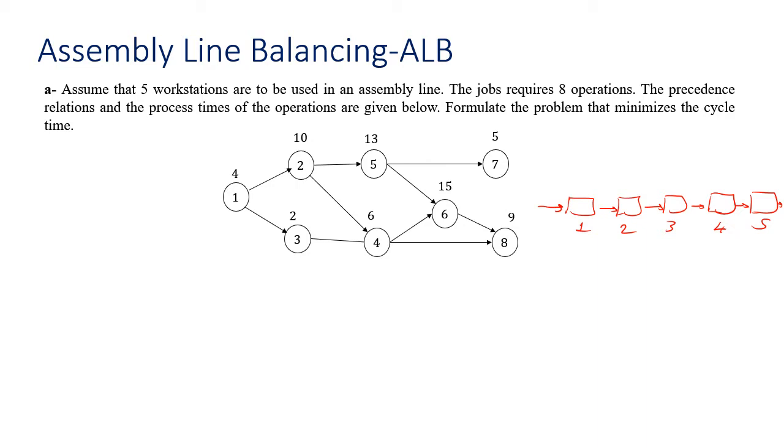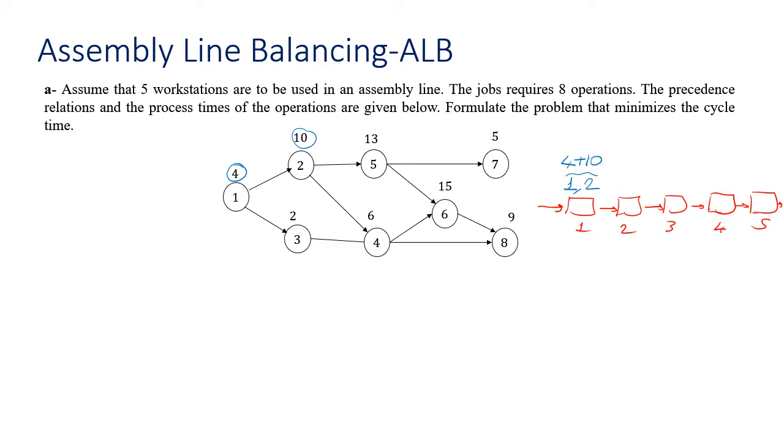Let's assume that assembly operation 1 is performed here, and let's say 2 is also performed here. This 4 is the time of assembly operation 1, and 10 is the time of assembly operation 2. If we allocate both of these operations to the same workstation, then the total time of the workstation will be 4 plus 10, 14.